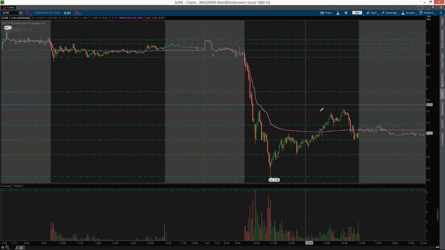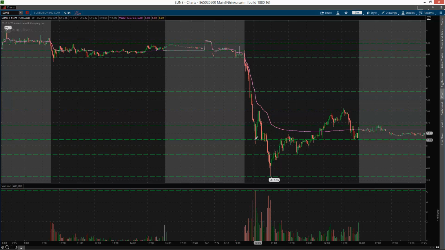Levels there to observe. So that's based on our analysis, that if the stock were to break above this key 5.6 level that tested 3 times today, it has a good shot at going to 6 and a good shot at going to 6.5. Now, if it were to break below maybe 5.10, as you can see here, 5.10 more or less is the over-under between the action between 10 and 11 and about 1:30ish, the action after 2 p.m., and also the action before 11.